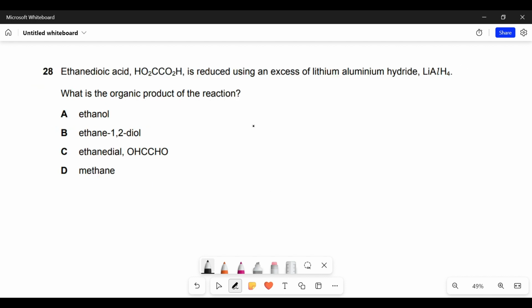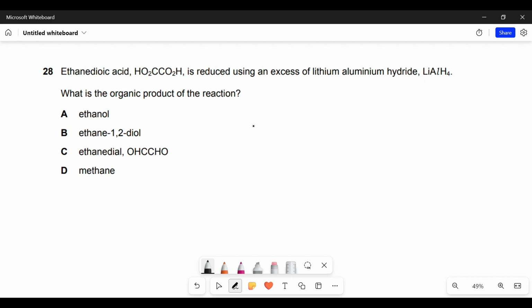Question number 28. Ethanedioic acid is reduced using an excess of lithium aluminium hydride. What is the organic product of this reaction? As we know, lithium aluminium hydride is a strong reducing agent which can reduce carboxylic acids into alcohols.